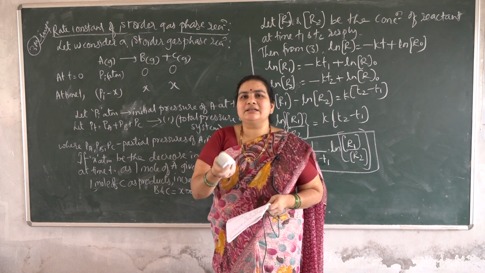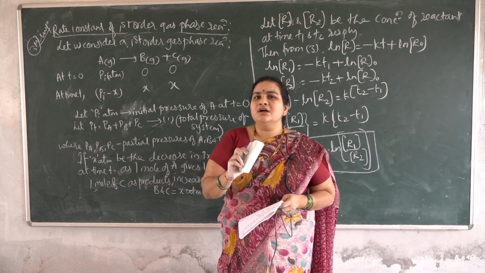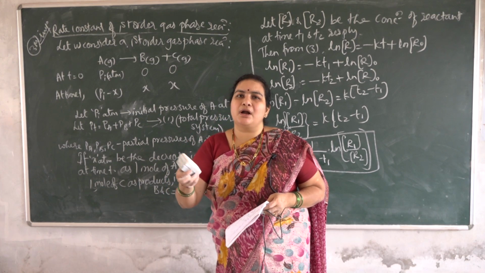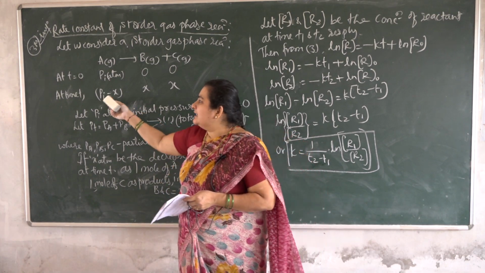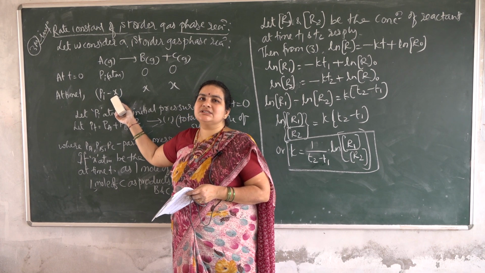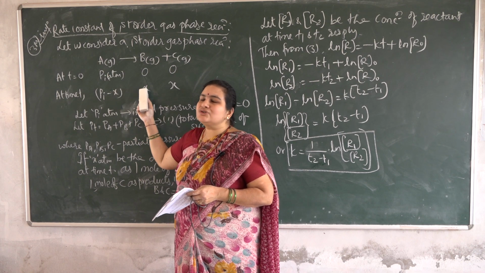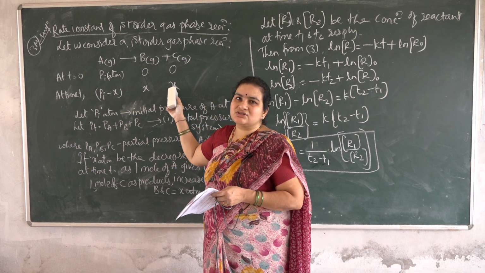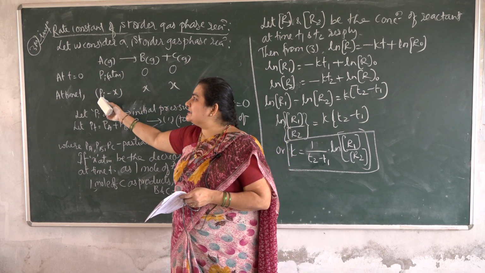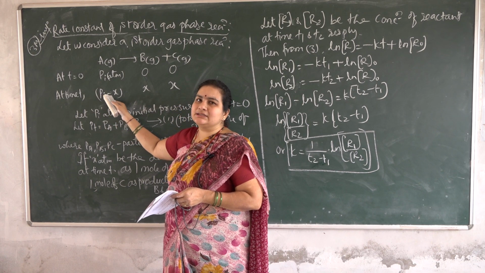After say 10 minutes, a small amount of pressure of A is consumed to give products B and C, so let X be the pressure of A which is decreased or consumed. In the same time, the consumed amount will be formed as products. So X each will be formed in the products. So the remaining pressure of A is found by the relation Pi minus X.